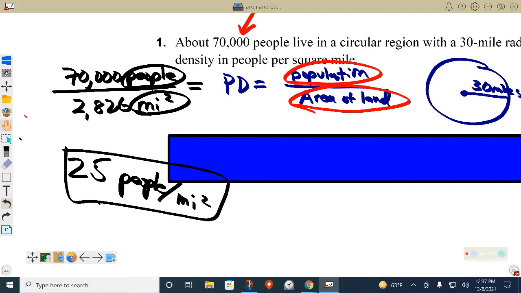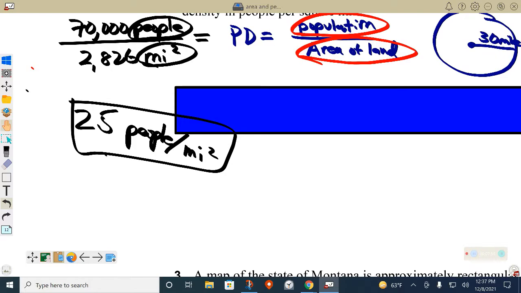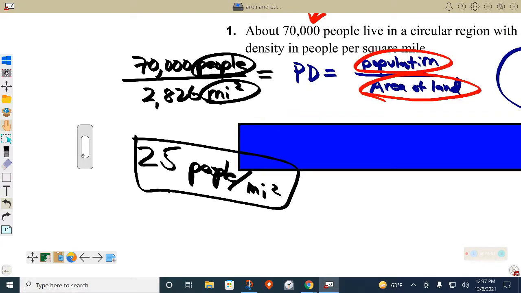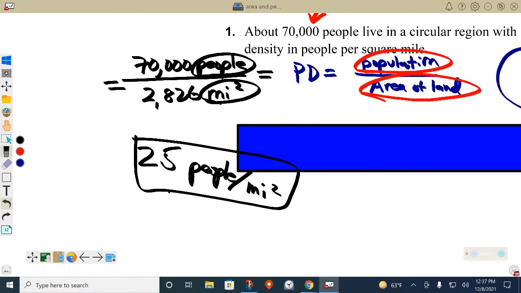In other words, this fraction is 25 people on top, and the denominator is 1 square mile. But this is the more professional way to write it: people slash square mile. That's the population density of this area.